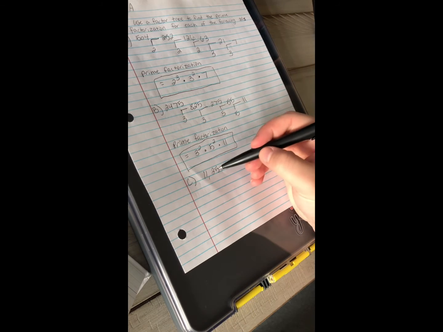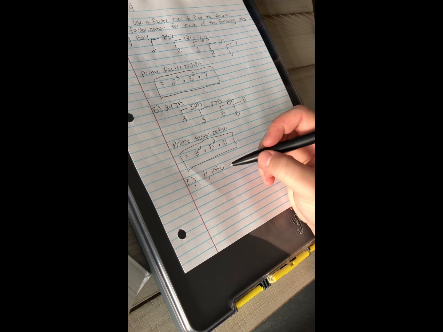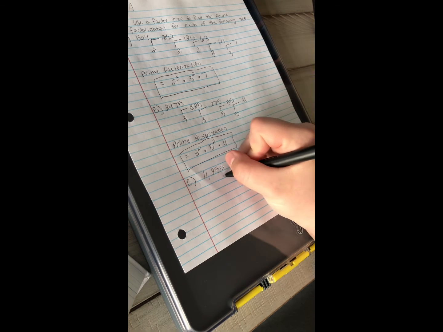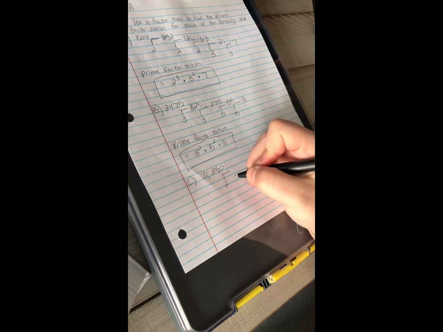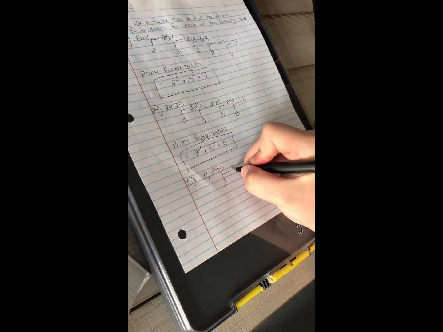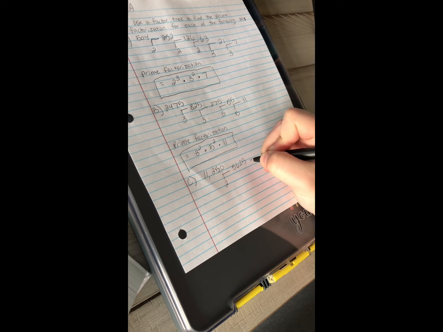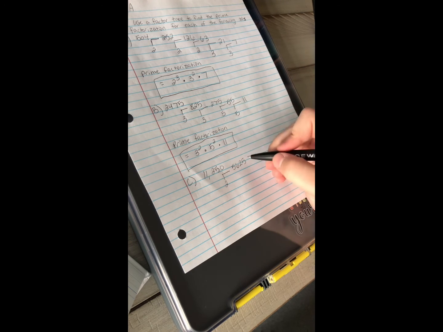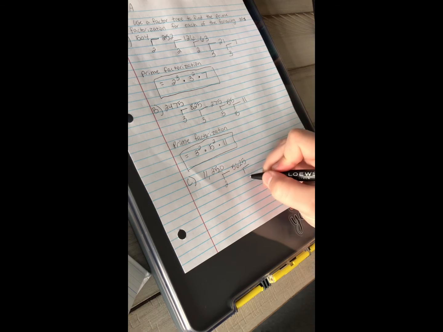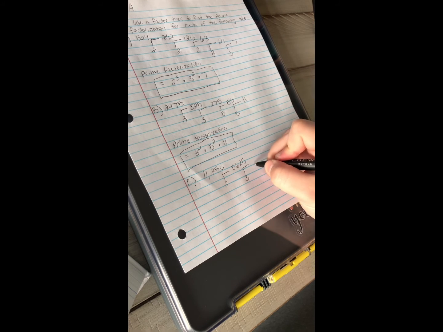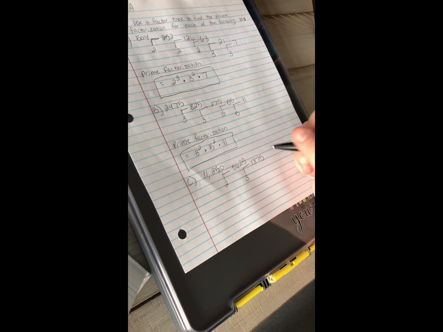So for 11,250, we can start out by dividing by 2, and we will get 5,625, and that's an odd number, so we can divide it by 3 to get 1,875, and we'll keep dividing by 3 to get 625.